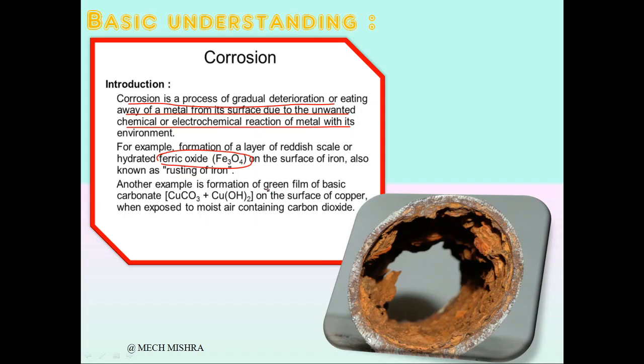When copper corrodes, it forms basic carbonate, CuCO3 plus CuOH. This is the corrosion of copper in an environment of moisture with carbon dioxide. So now we understood the basic definition of what corrosion is.